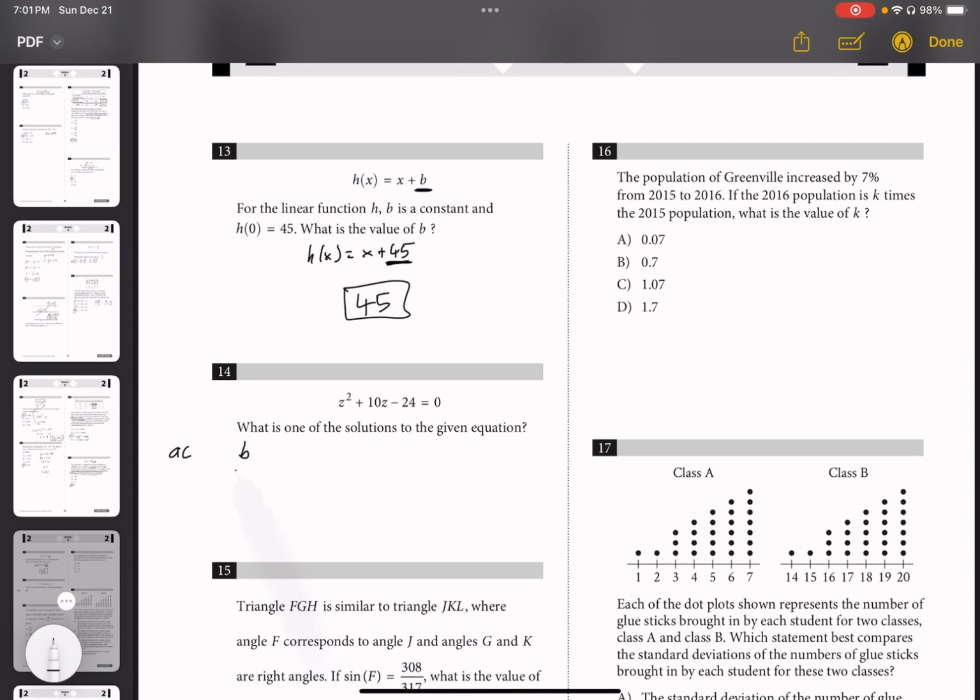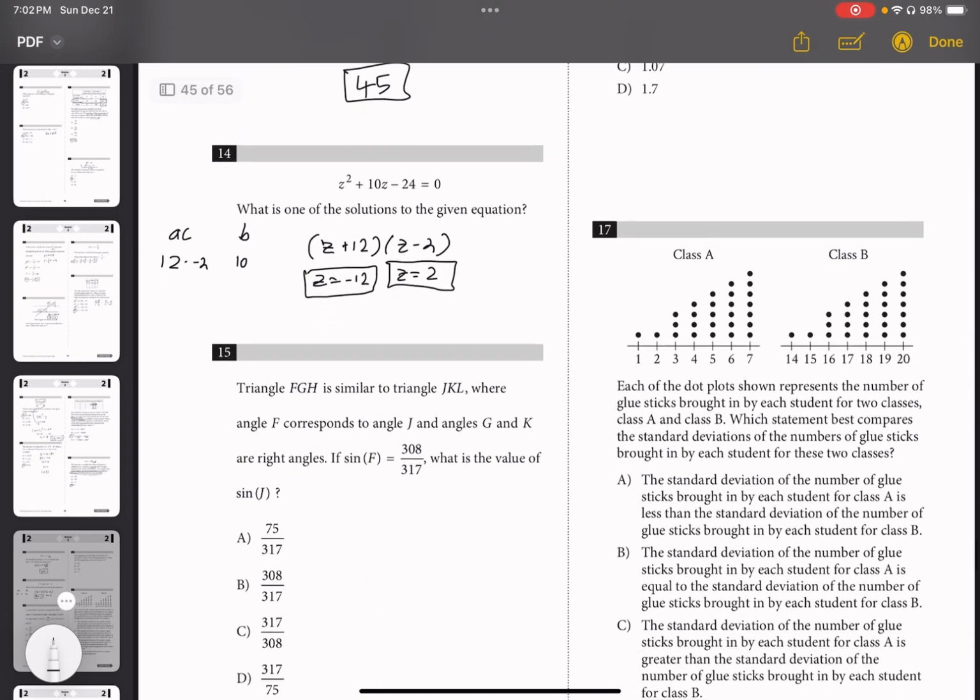So if we multiply 12 times negative 2, we get negative 24, and when we add those numbers together, it gives us 10. So with that, we have z plus 12 and z minus 2. So either of your answers for this equation would work. Just pick one and enter it in, and you'll be good.